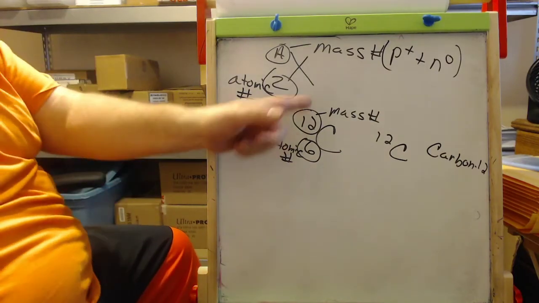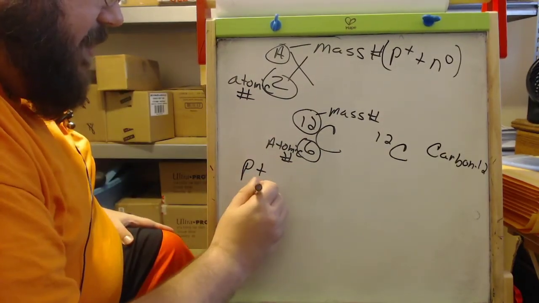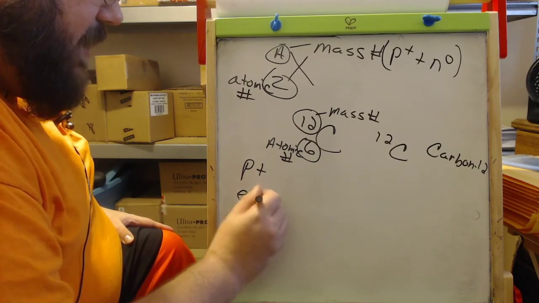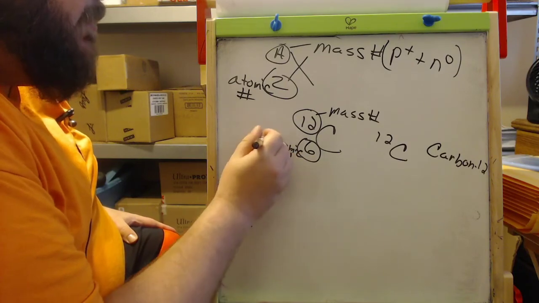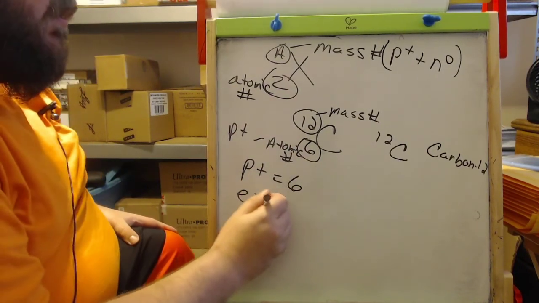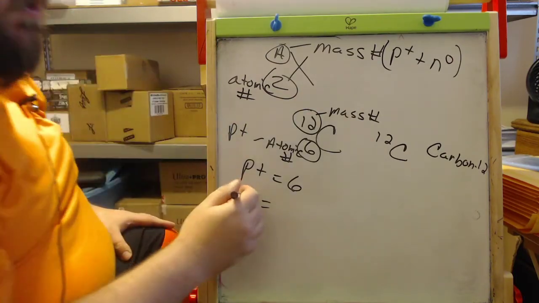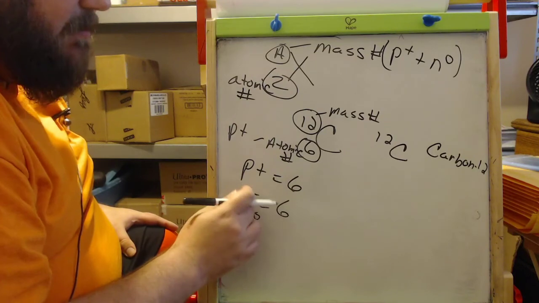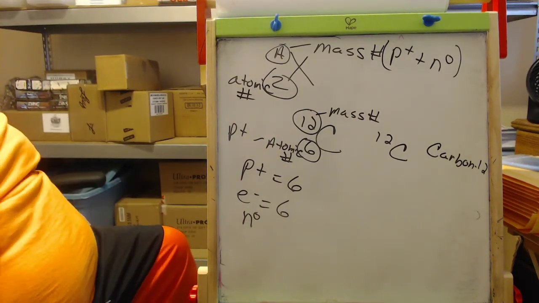But just given this information, you should be able to tell me how many protons, electrons, and neutrons you have. Proton-wise, the atomic number tells me the number of protons, 6. In a neutral atom, there's no charge on my carbon, so electrons equal the protons because the positives and negatives have to cancel out.